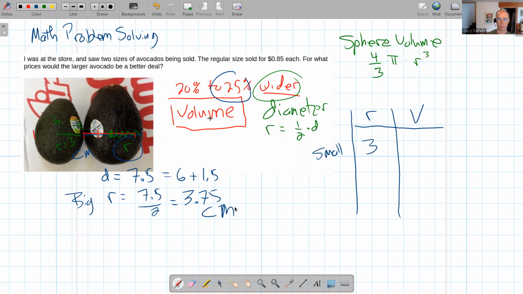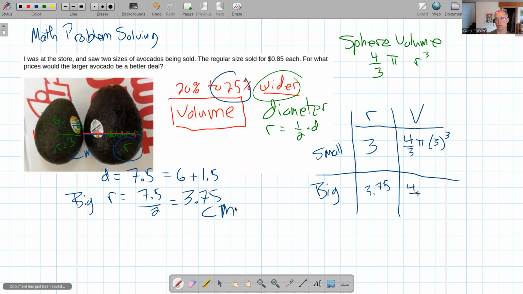And then I have the big avocado, which has a radius of 3.75. And then I want to calculate the volume. So 4/3 times pi times 3 cubed versus 4/3 times pi times 3.75 cubed.